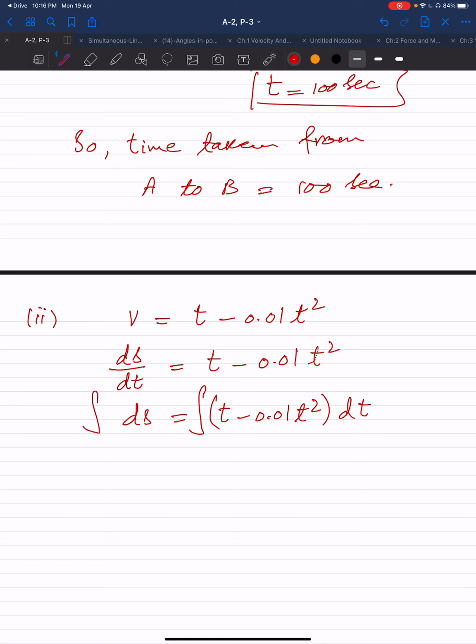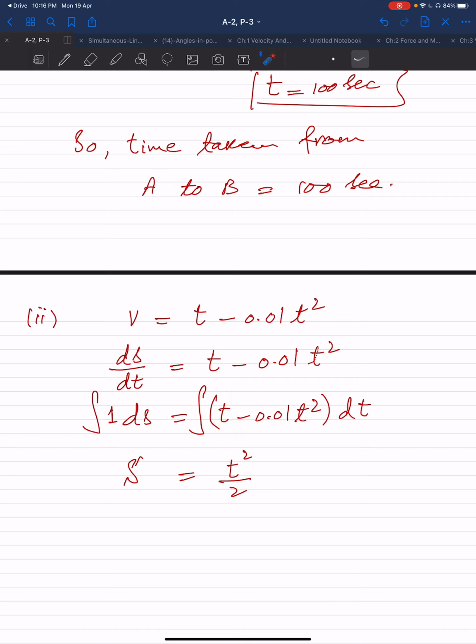This is the integration of 1 ds. When there is nothing, that means there is 1, and the integration of 1 is s. The integration of t is t square over 2, because the power is 1, so 1 is added and we divide by 1 plus 1.